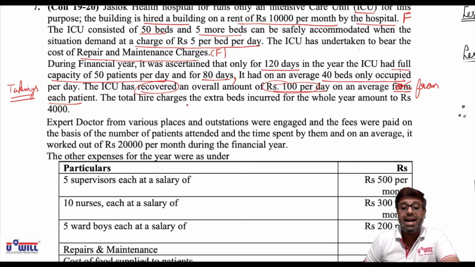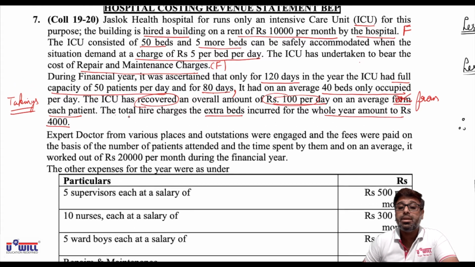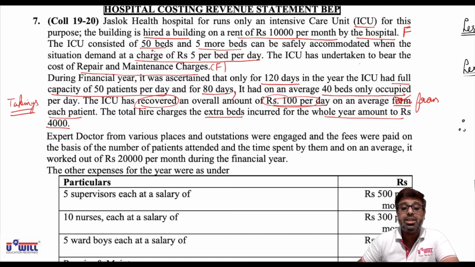The total higher charges of the extra beds incurred for the whole year amounted to rupees 4,000. It means we have seen here that the charge is 5 per bed per day. So 4,000 divided by 5. How many bed days would the extra beds have been acquired? 800.